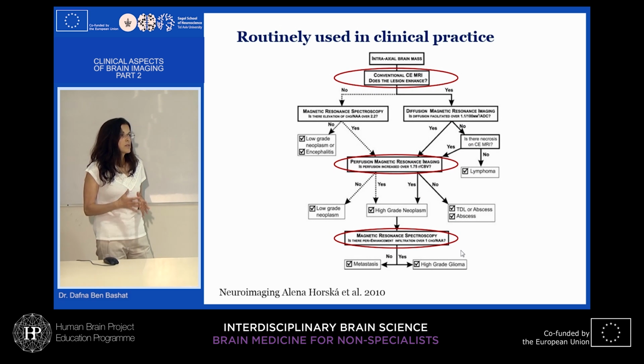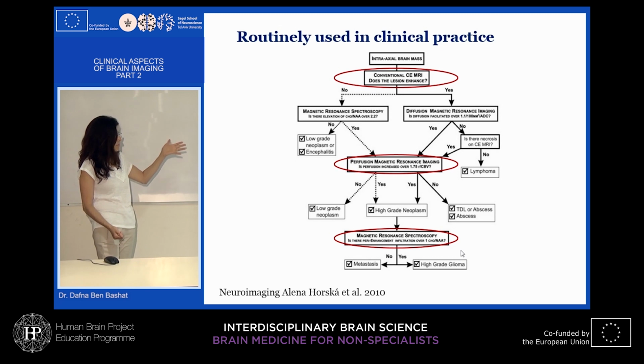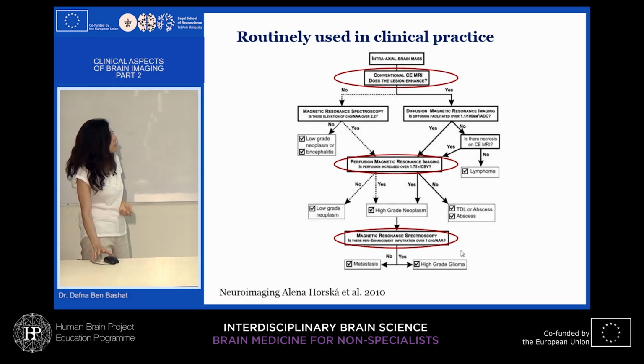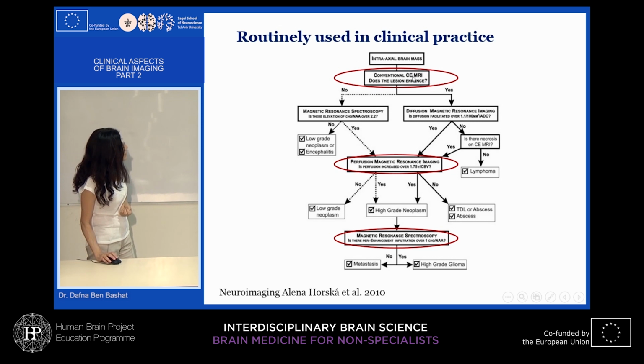And this is something that really sits in clinical practice. This is a basic paper that radiologists work with. If you have any intra-axial tumor, a lesion, and you want to know what you're dealing with, use conventional imaging with a contrast agent. Is it enhanced, yes or no?